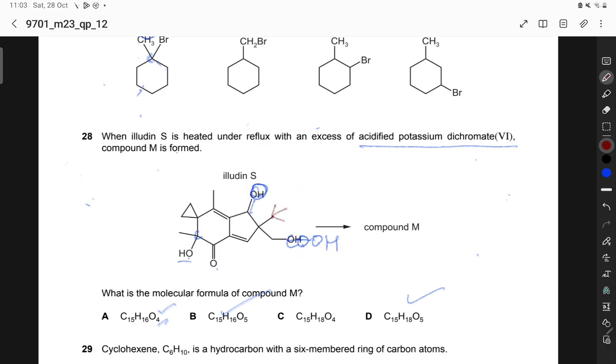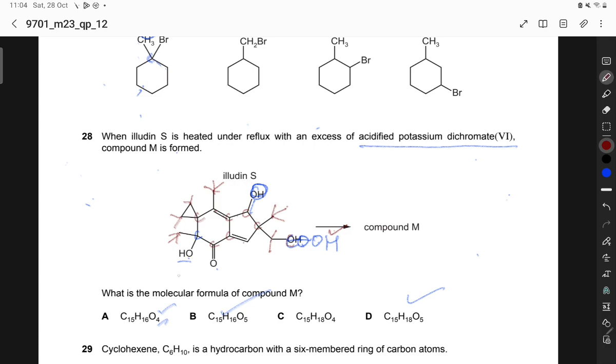Over here 3, then 1, then 1, 2 and no hydrogen, then 1, 2, 3, then 1, 2, no hydrogen, again 3 hydrogen.